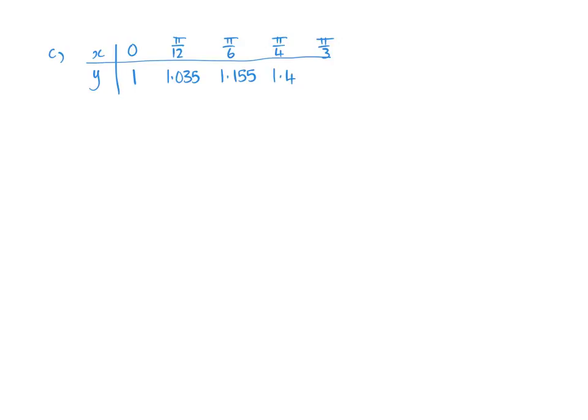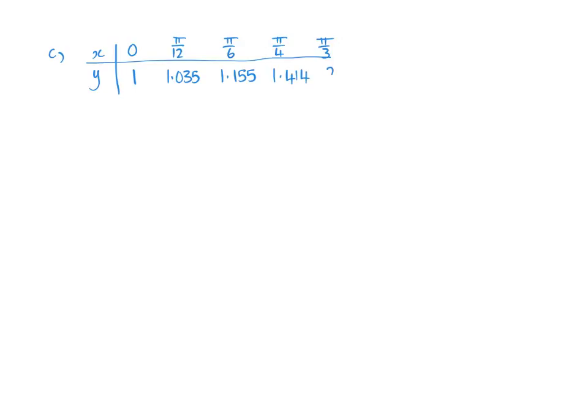For this one, for part C, we've got our x values and we've got the corresponding y ordinate values. So 0, pi by 12, pi by 6, pi by 4 and pi by 3. Then it's 1, 1.035, 1.155, 1.414 and 2. Make sure you can do this on your calculator, please.